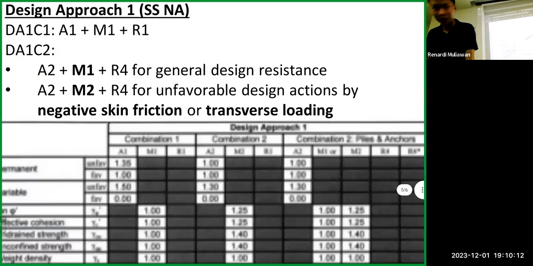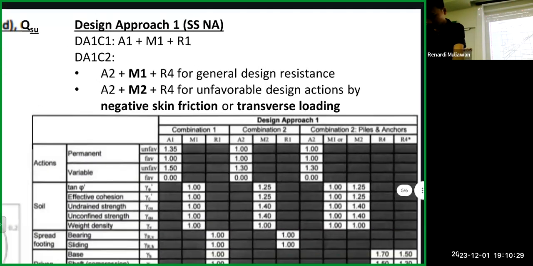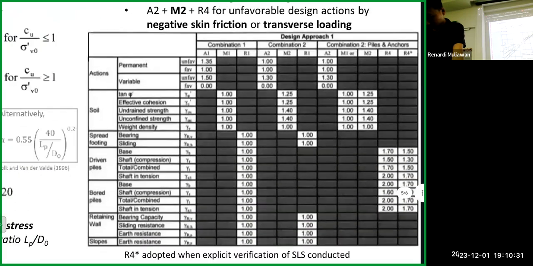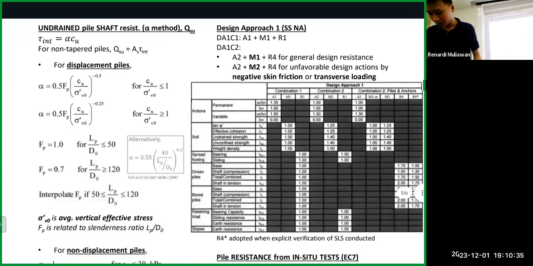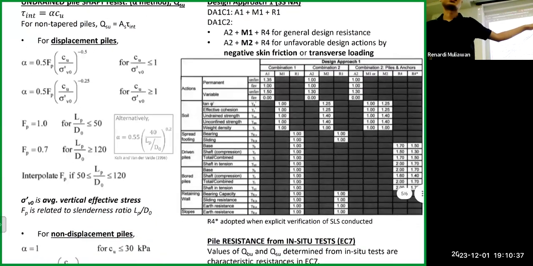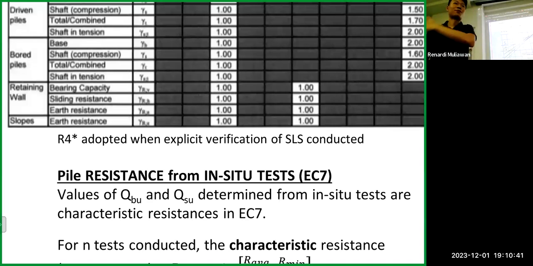So you can write down: negative skin friction is unfavorable, so if there's negative skin friction, you use M2. But usually they will only test M1. So A2, M1, R4, these three. And there's also R4 star, which is only when there's a verification of SLS. If they give you that line, then you can use R4 star.